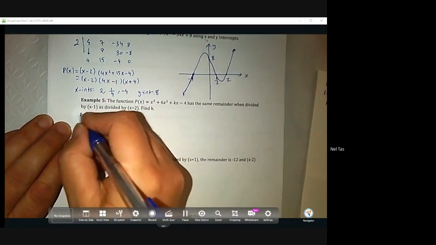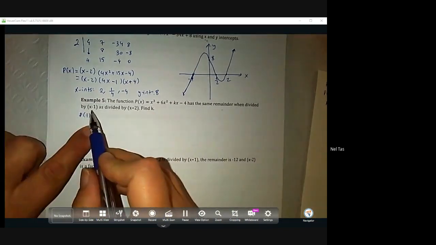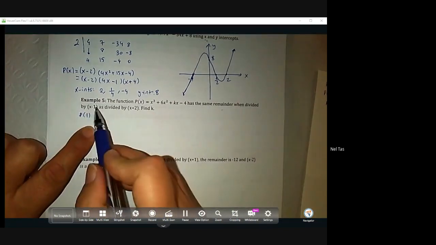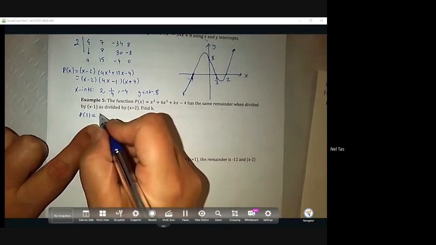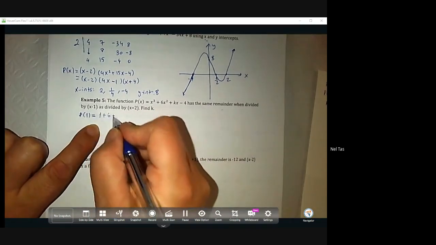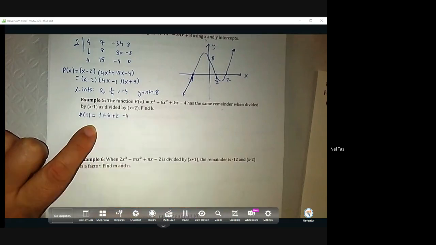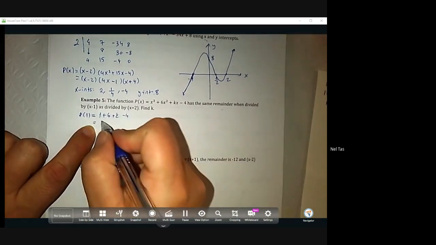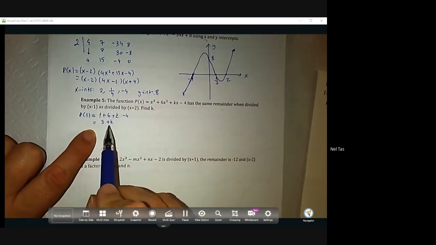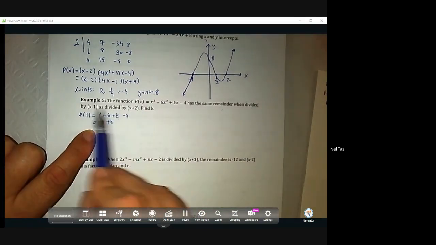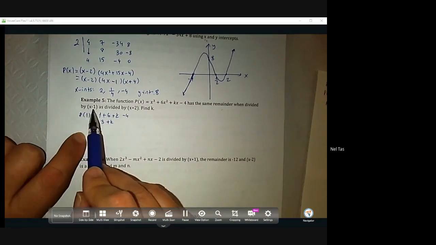So p of 1: we first find the remainder when it is divided by x minus 1. We substitute 1 in this polynomial, so we get 1 plus 6 plus k minus 4. This gives you 3 plus k, the remainder when divided by x minus 1.